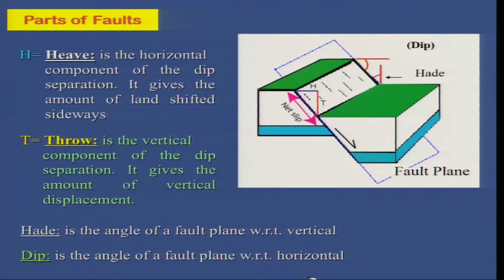Mostly when we come across any fault, we try to measure these components: heave, throw, hade and dip. And if we are able to see some layers here, for example one here and another one here, then we can say that this is the net slip. This is the net slip that we can measure.